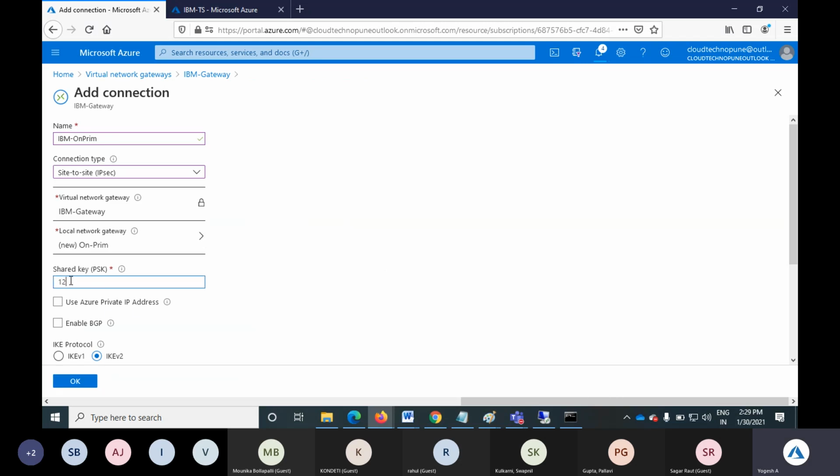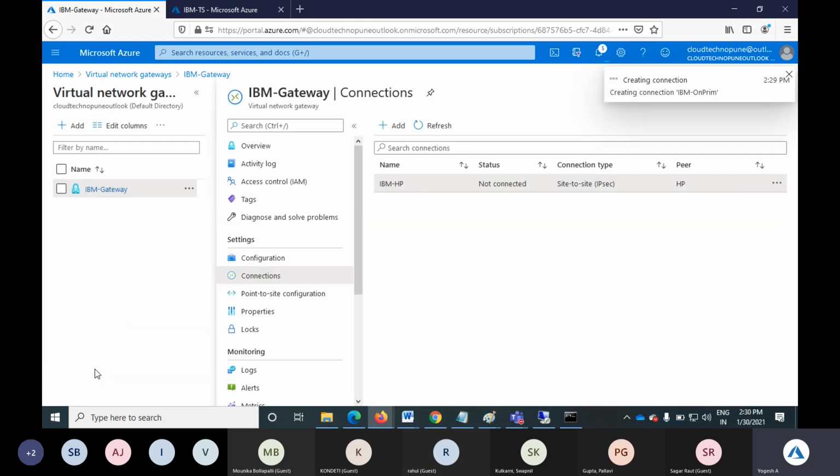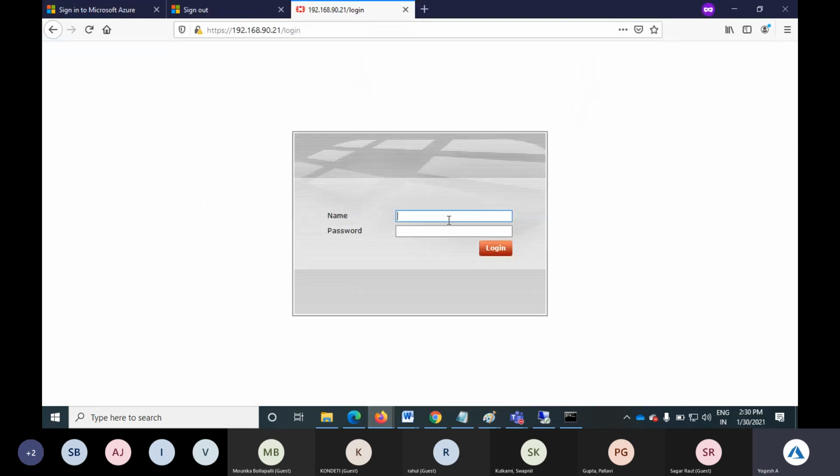Reset key 1 2 3 4 5 6 7 8 9 0, and let's create a connection. Okay. Now I need to create one more connection at my on-premises site. So in on-premises, we are using a FortiGate firewall, right? So let's go here, FortiGate, try to log in, admin, and this is the password.